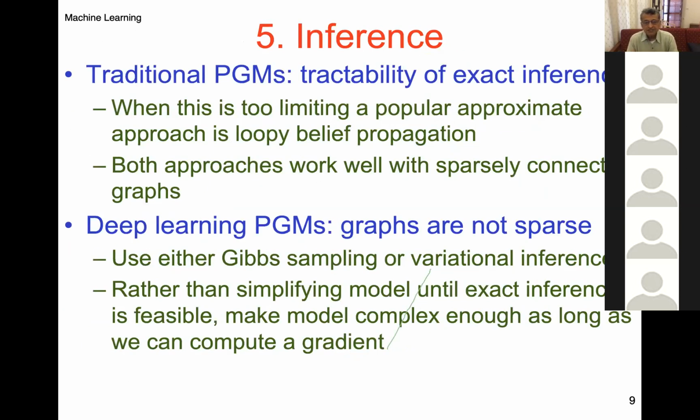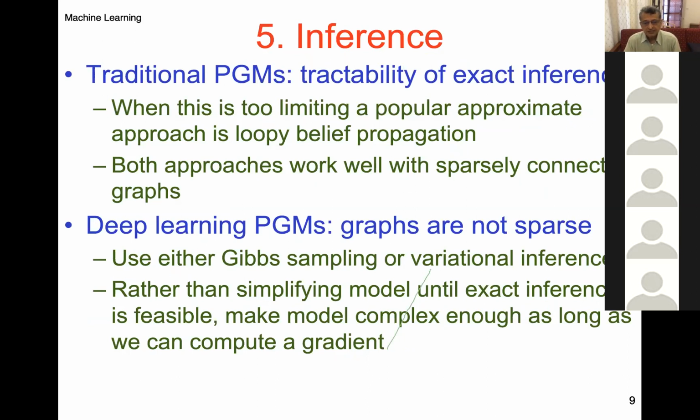In traditional probabilistic graphical models, tractability of exact inference is an issue. And there are approximate algorithms for working with standard probabilistic graphical models. One algorithm is called loopy belief propagation. So either exact or loopy, they work well with sparsely connected graphs.